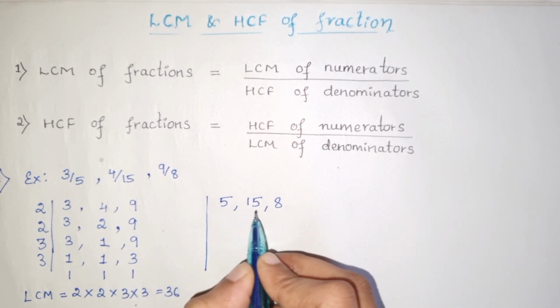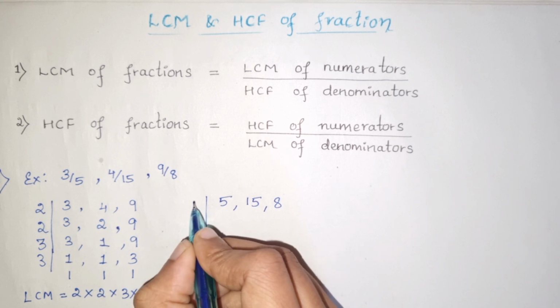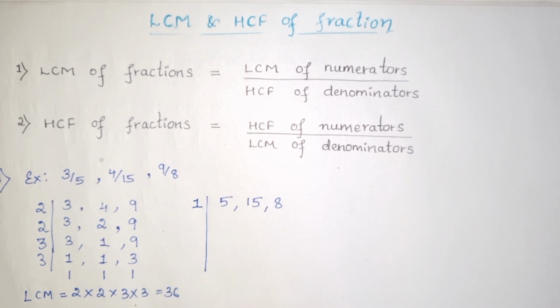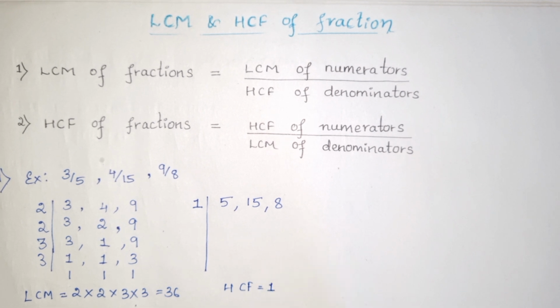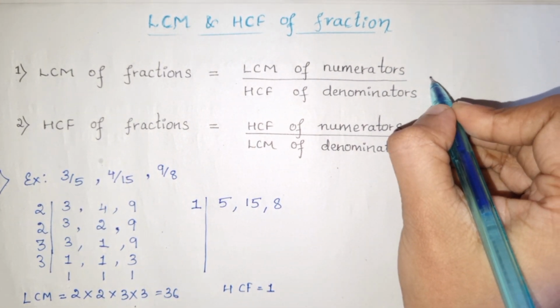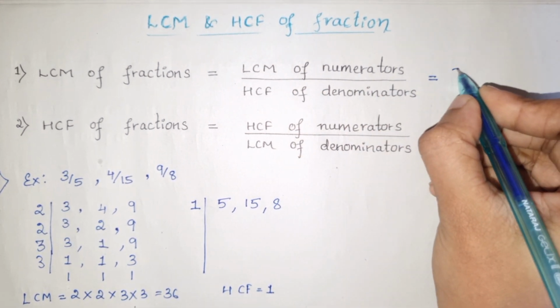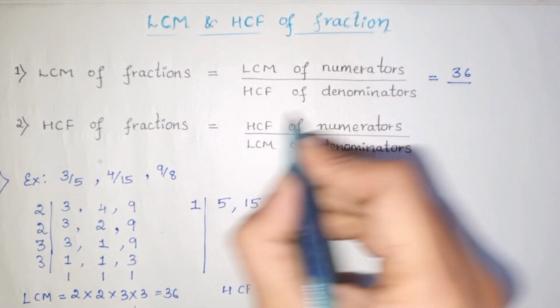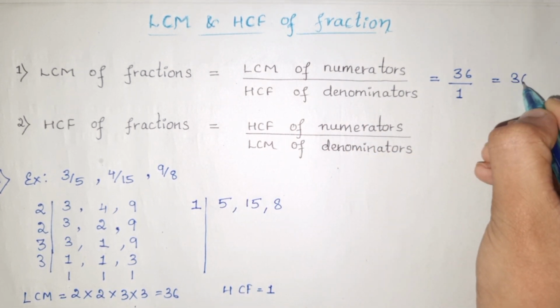So if it is not possible to factorize all the three numbers at a time, then we need to take the number as 1. So our HCF will be 1. Let us substitute this in the formula. So the answer will be LCM of numerators 36 divided by HCF of denominators 1. So the answer is 36.